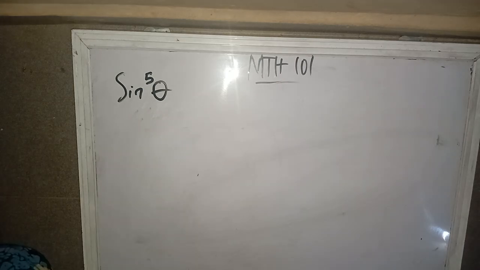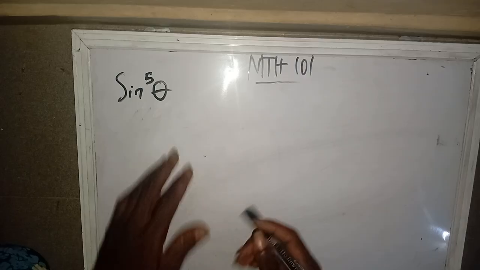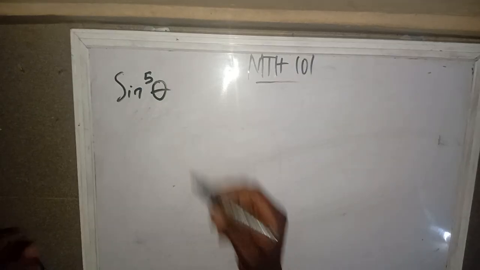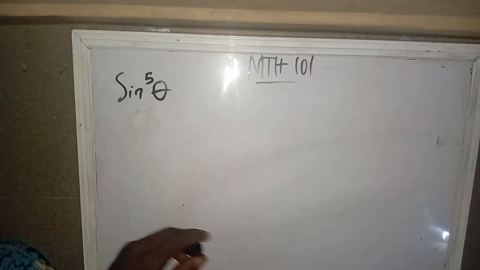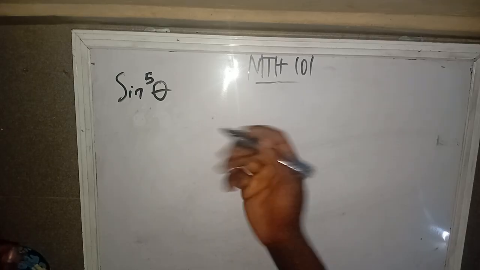In a nutshell, in calculus, for you to integrate this is very difficult unless you use a reduction formula, or you can use De Moivre's theorem to break it down to something like what they are trying to say.